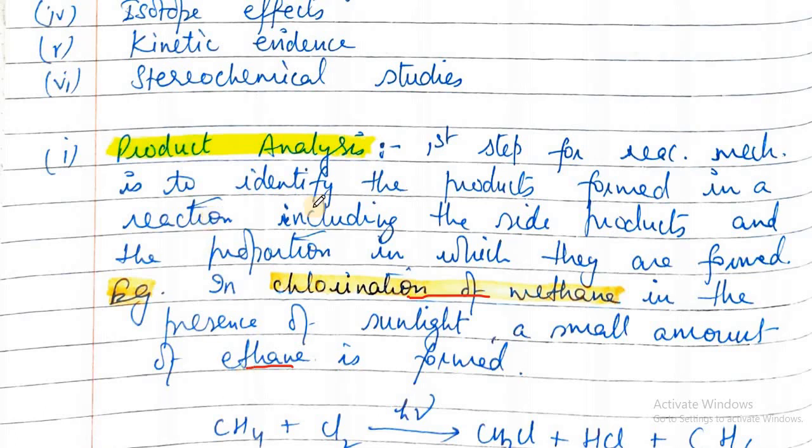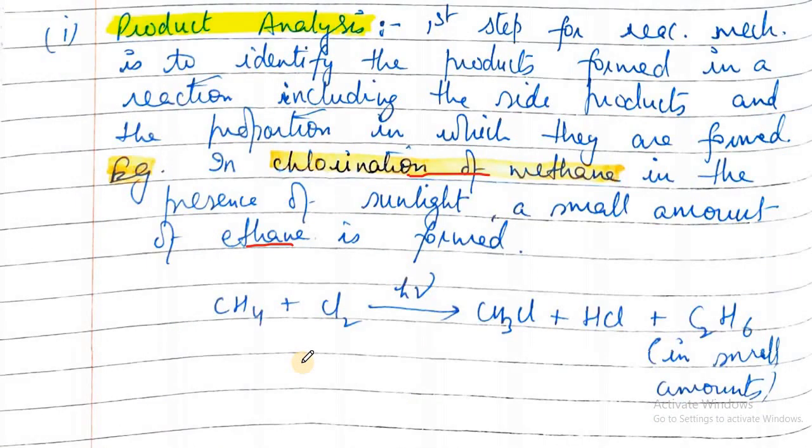That is, the first step for the reaction mechanism is to identify the products formed in a reaction, including the side products and the proportion in which they are formed. So in this example, in chlorination of methane, we take up a side product, that is ethane. The reaction is methane with chlorine in the presence of sunlight gives chloromethane plus HCl.